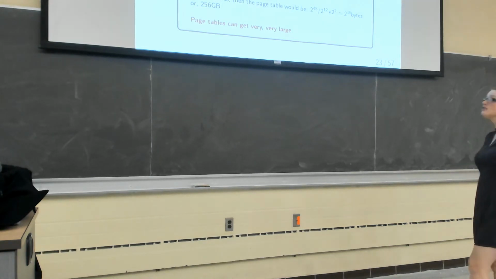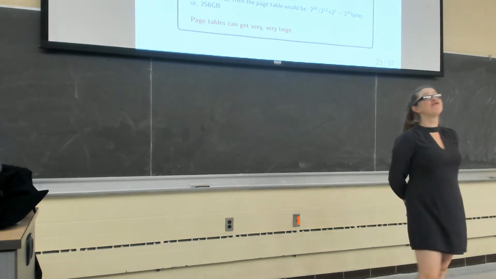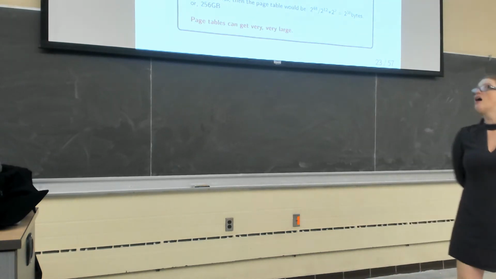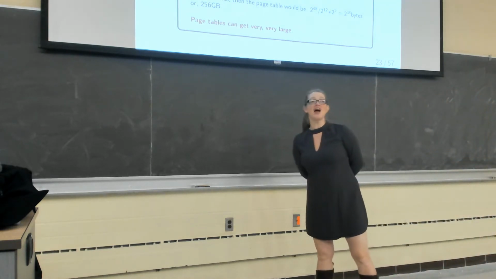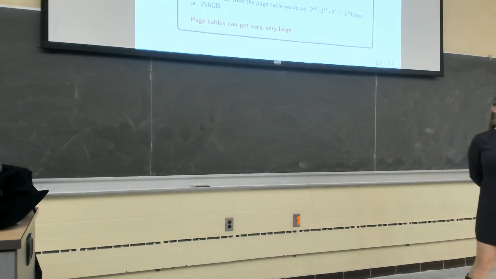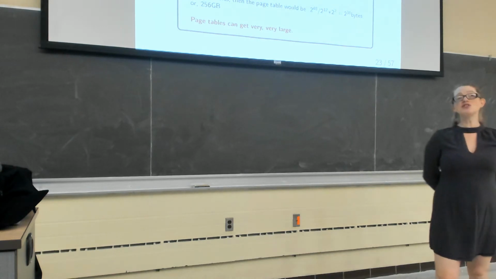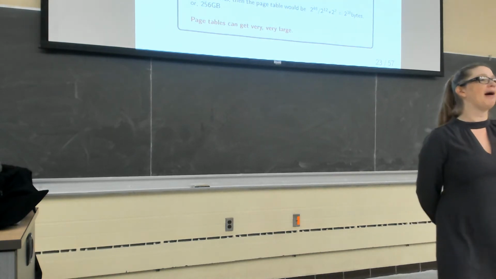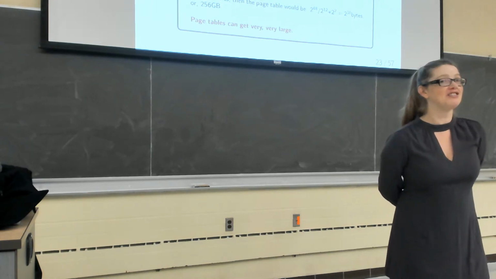So if we're going to use virtual addresses that are 48 bits in size, which is very common today, then if our page table entries were only 4 bytes in size, my page table for this particular setup is 256 gigabytes, but my address space for Hello World only needs 1 kilobyte. That's ridiculous. I don't even have that much RAM to store the page table.